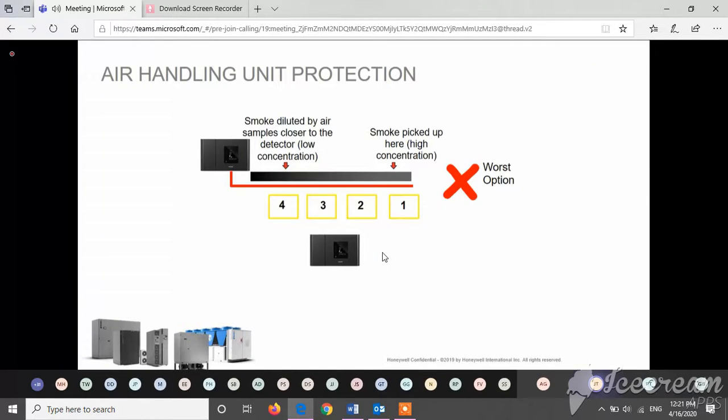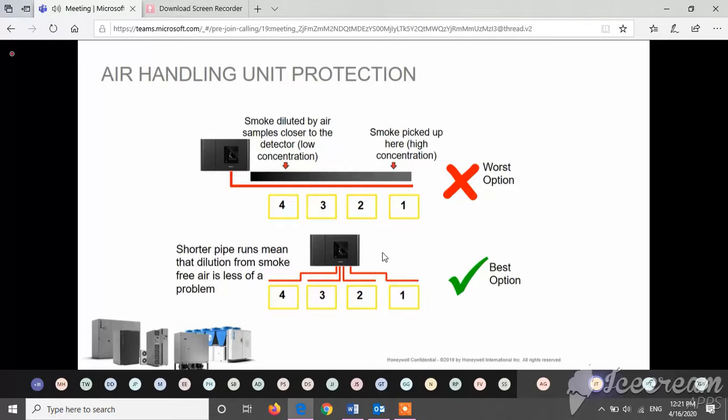If we're covering the air handling unit, what we tend to like to do is use a separate pipe per air handling system. This is to prevent dilution. You can imagine if you've got this little tiny wisp of smoke, again electrical type areas, going into a big air handling system which has forced air going through it, that little smoke sample gets really, really diluted.